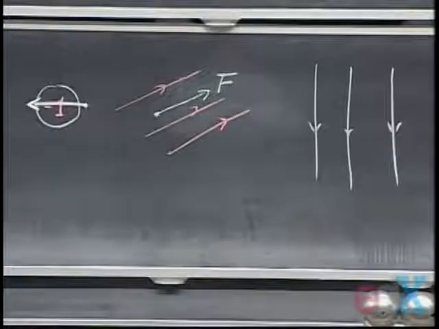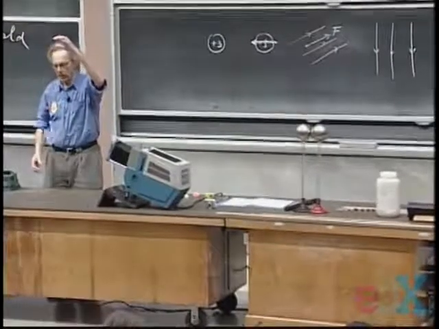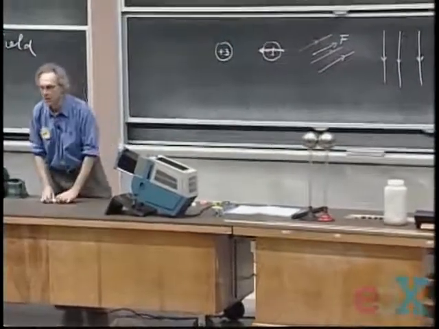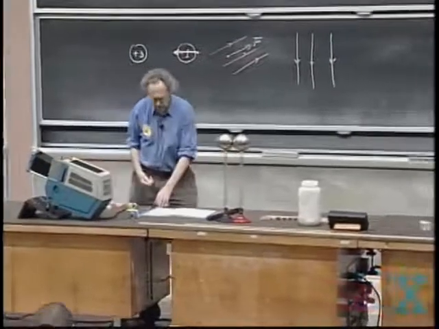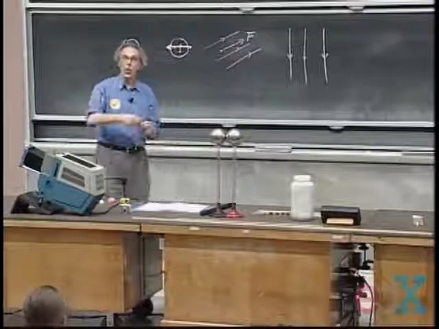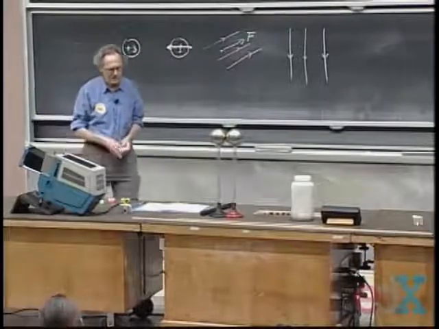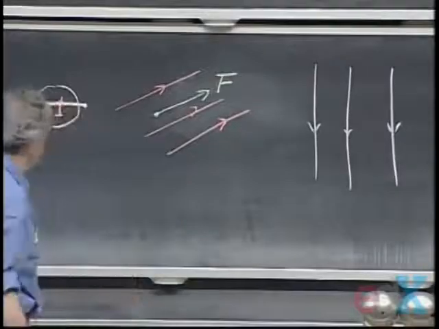And if I release this piece of chalk at 0 speed, it will begin to move in the direction of the field lines, and it will stay on the field lines. So now you can ask yourself the question, if I release a charge, will it always follow the field lines? And the answer is no. Only in this very special case.